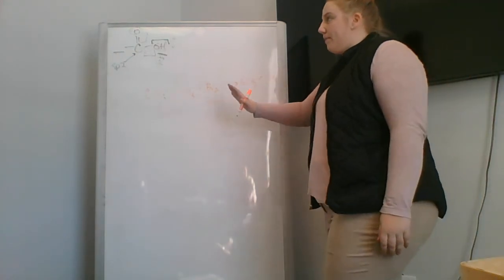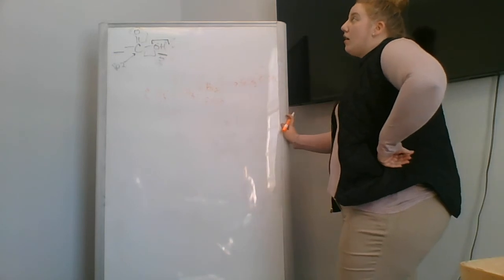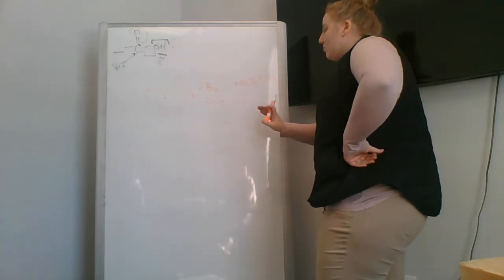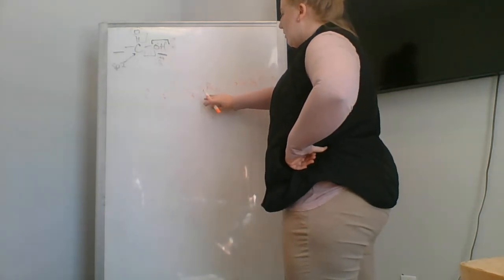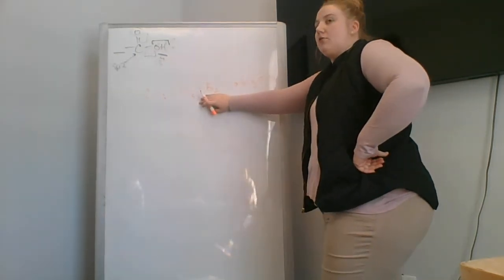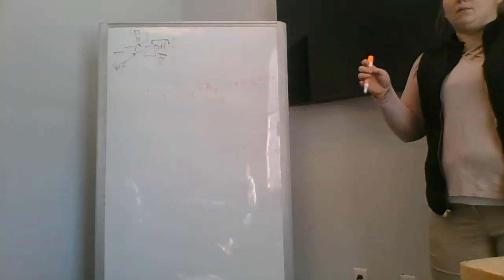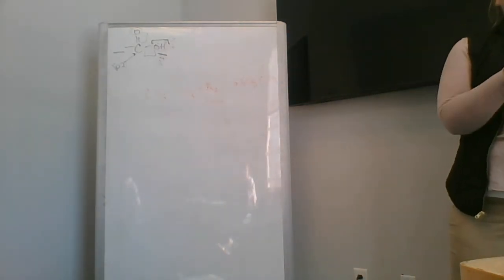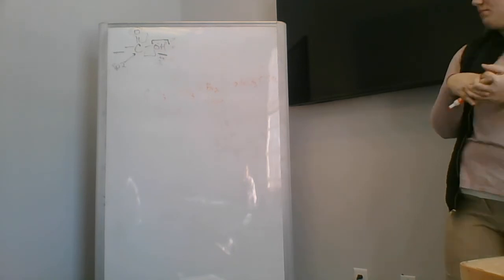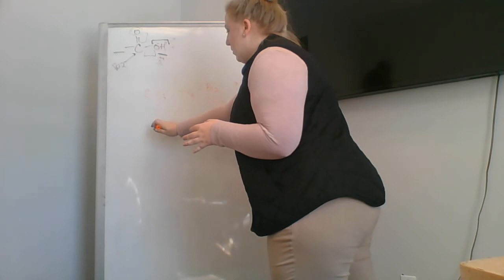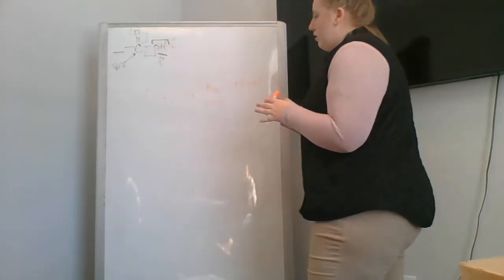It could get tricky, but I don't think he would give you that because you wouldn't be able to know. So if the bromine was your limiting reagent and you doubled this, essentially the bromine is still going to limit how fast or how much of the reaction can take place. But because this is in excess and you're doubling this, the reaction isn't going to be limited by anything.